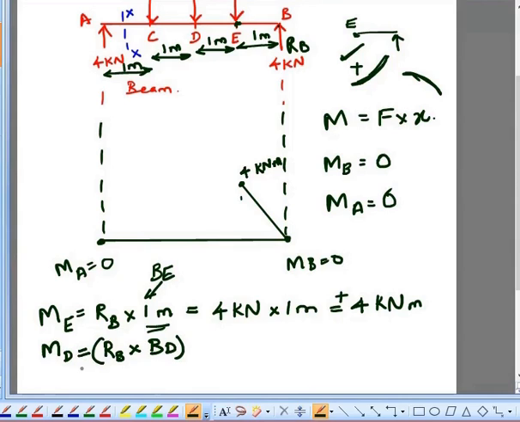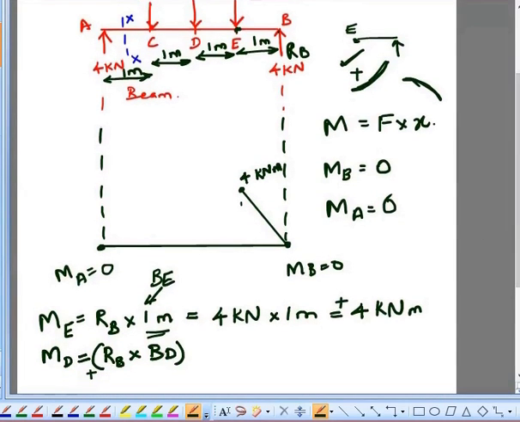This will be positive, and then the force at point E into the distance DE. This force is acting in the downward direction, so you can put a negative sign for this.